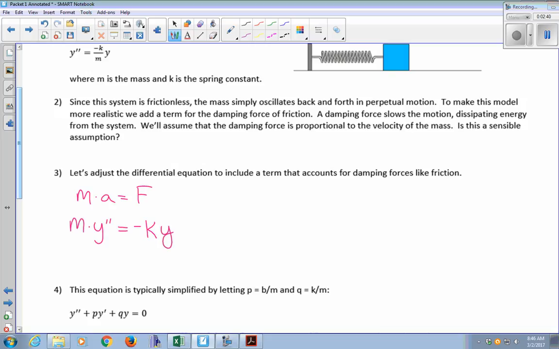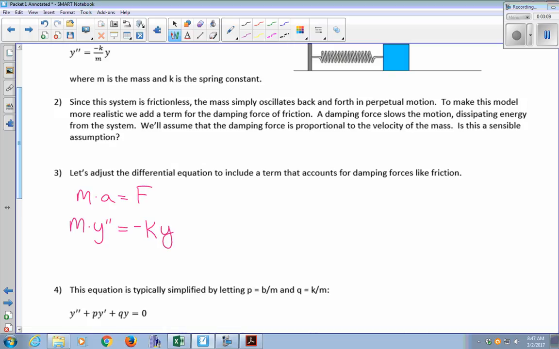All right, but if I'm going to add a damping force, most easily thought of as friction, right? There are other damping forces, but friction is the easiest one to visualize. We need to add a term for the damping force of friction. So a damping force slows the motion, it dissipates energy from the system, and the assumption we're going to use is that the damping force is proportional to the velocity, right?